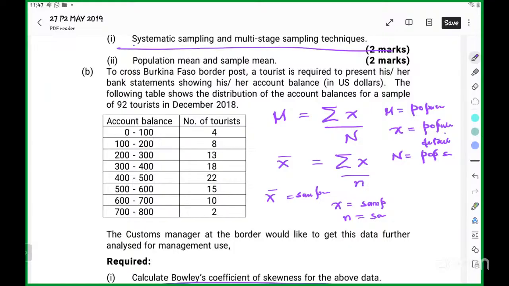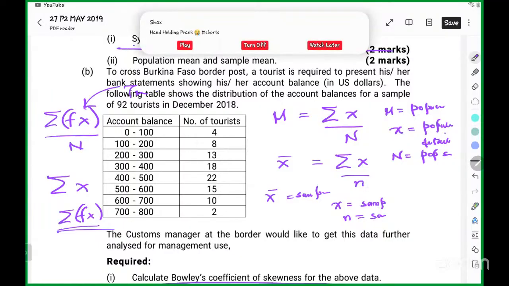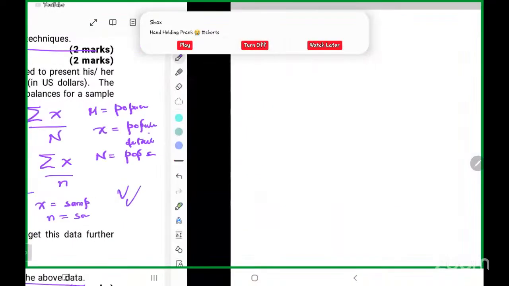You see, even for grouped data, when you do this over n, this is a total. So the question is, what is summation x? Summation x remains summation x for ungrouped, but summation x is summation fx for grouped data. Okay, it's all about summing up. Yeah, so you can use just this. Besides, there were 2 marks.